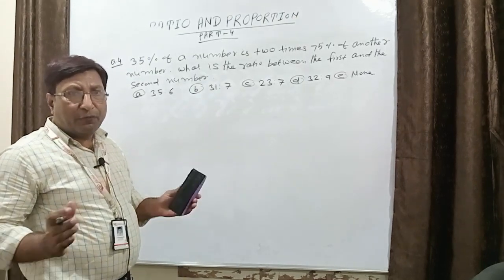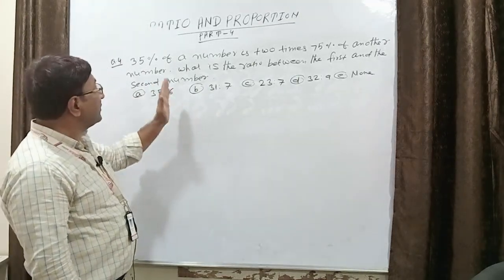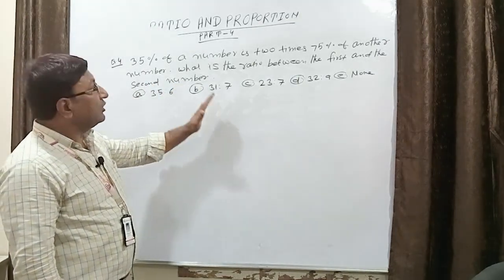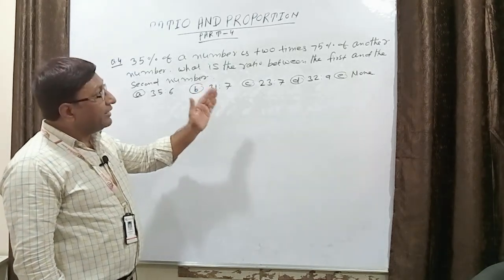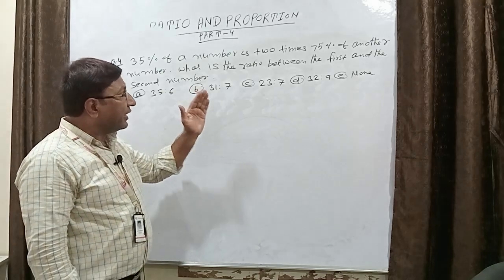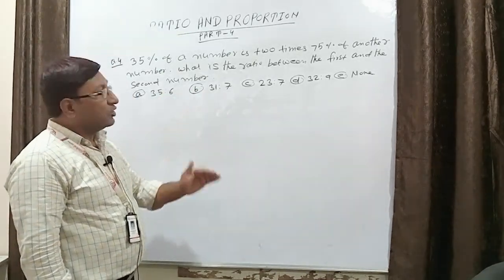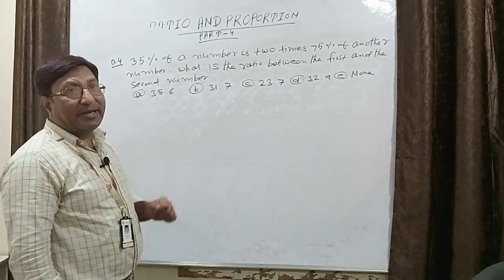Now see the fourth question. The fourth question is what? 35% of a number is 2 times 75% of another number. Then what is the ratio between the first and the second number? For this type of question, the simple technique is what?